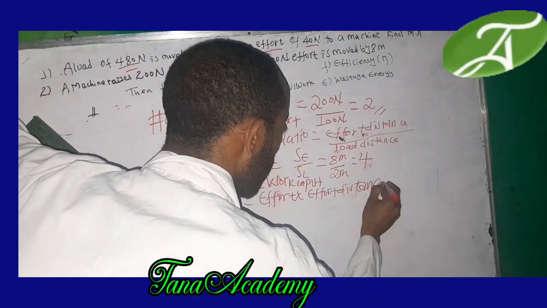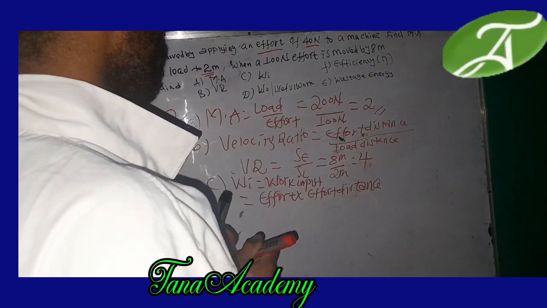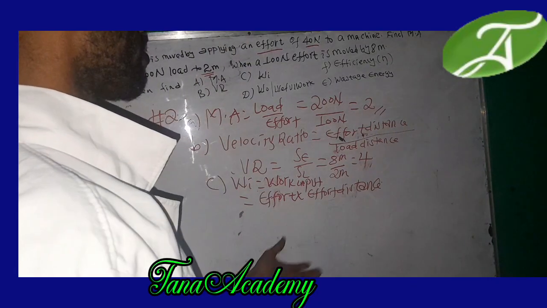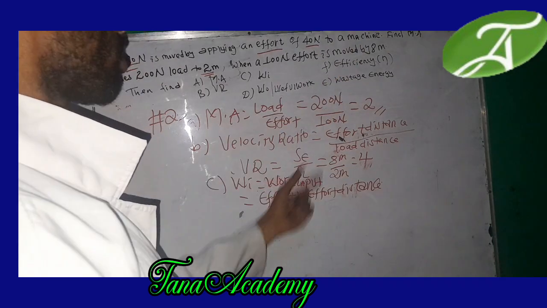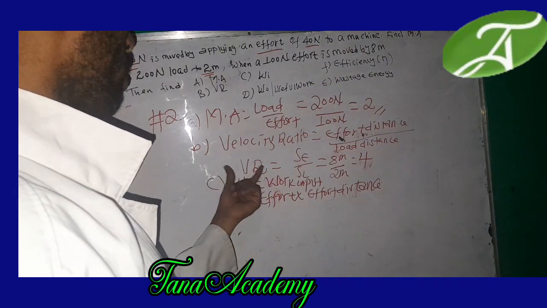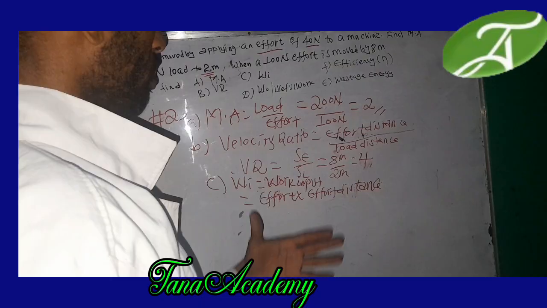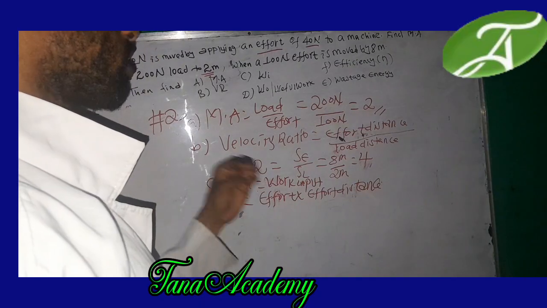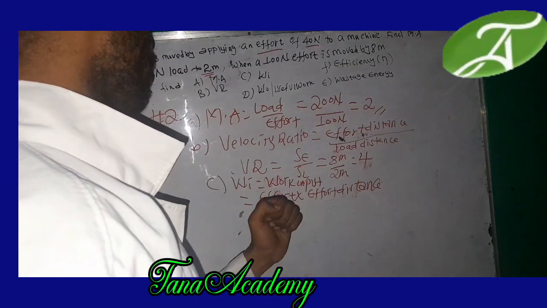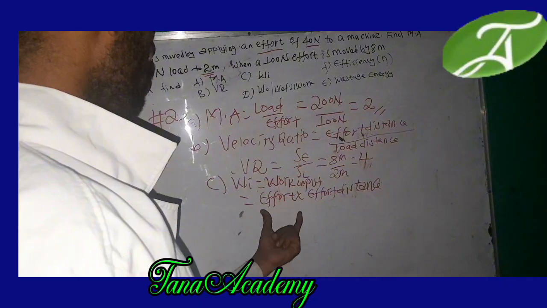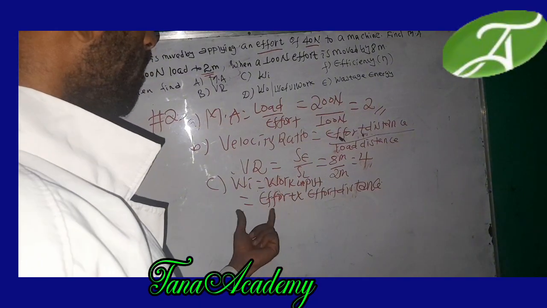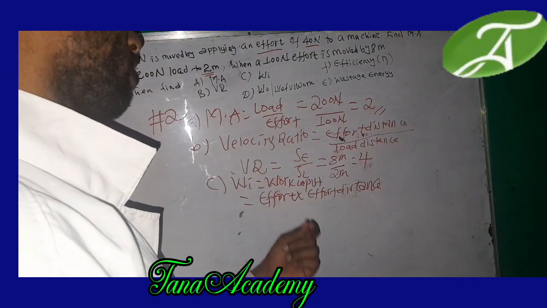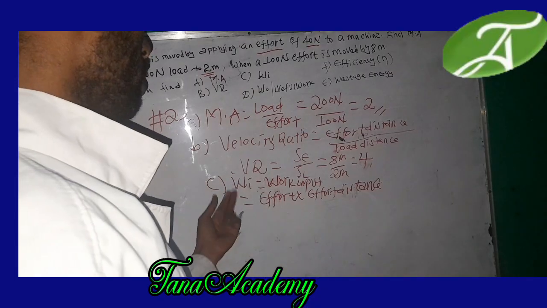What you have to note here is that distance must be expressed in meter in order to say work, because work is the product of force and displacement or distance. That distance must be expressed in meter, and force must be expressed in Newton. Newton meter must be joule.